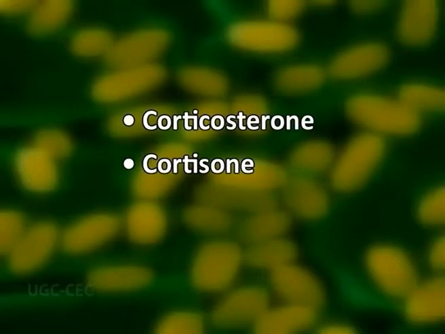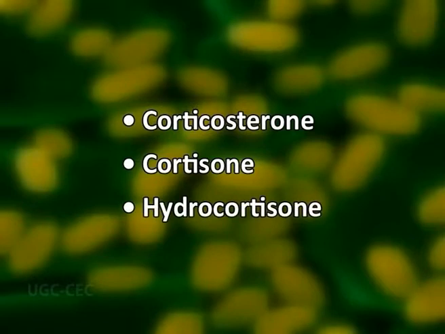The synthesis of steroid hormones such as corticosterone, cortisone and hydrocortisone from sterol precursors by bacteria is an example of biotransformation. Antibiotics are also obtained from inactive molecular structures by bacterial biotransformation.